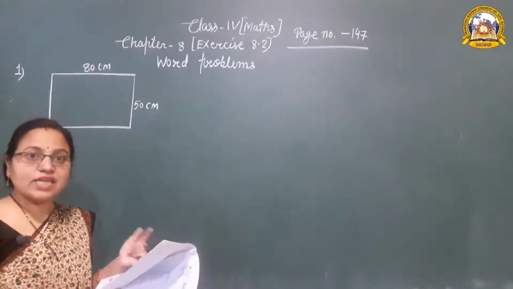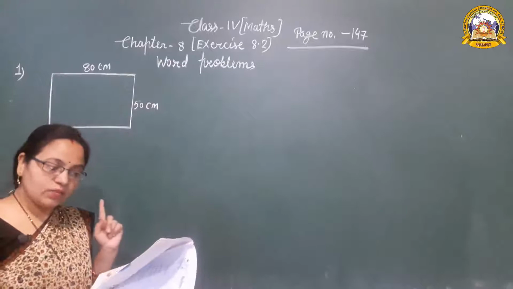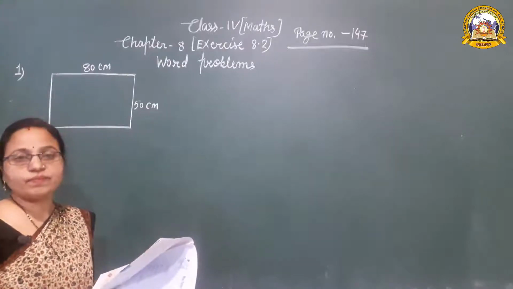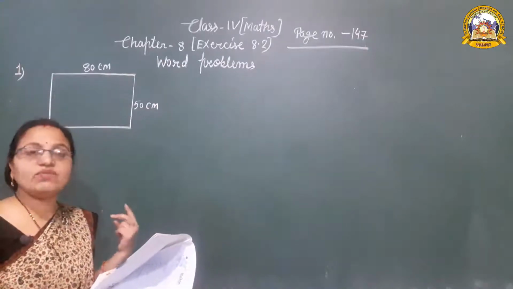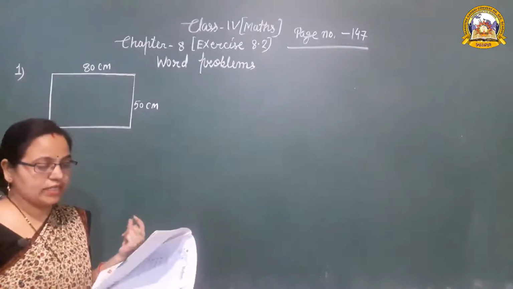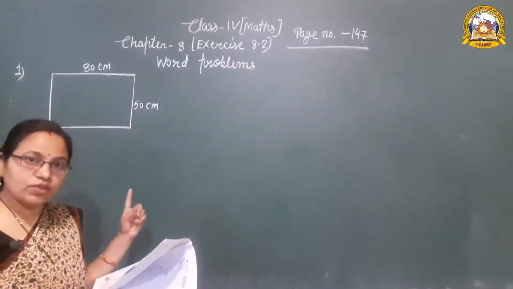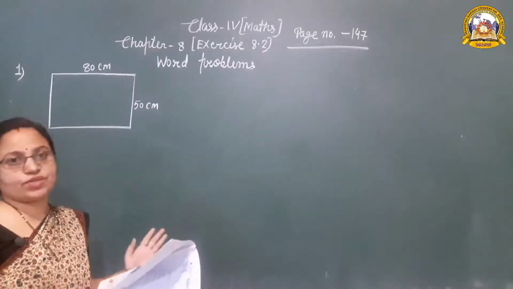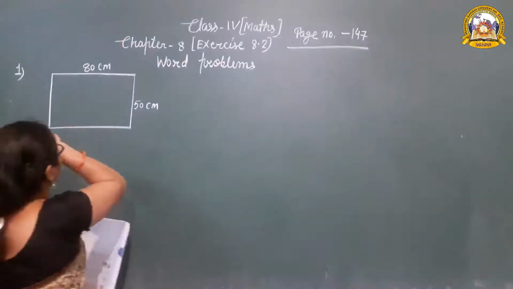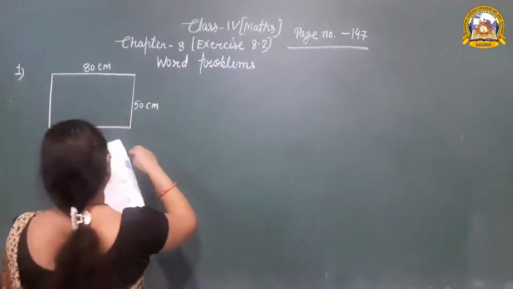So three questions are asked: first, how much lace will be needed for one rug; second, how much lace will be used for 5 rugs; and third, how much lace will be left over. The rug is in the rectangle shape.